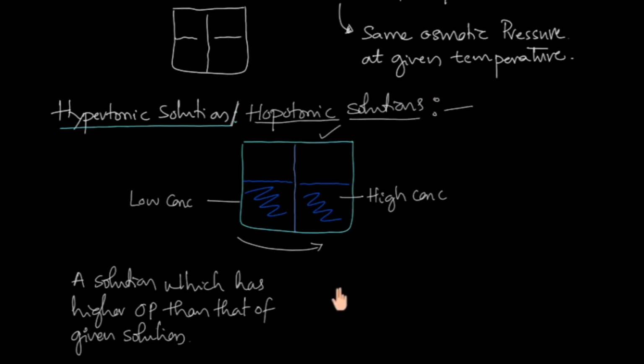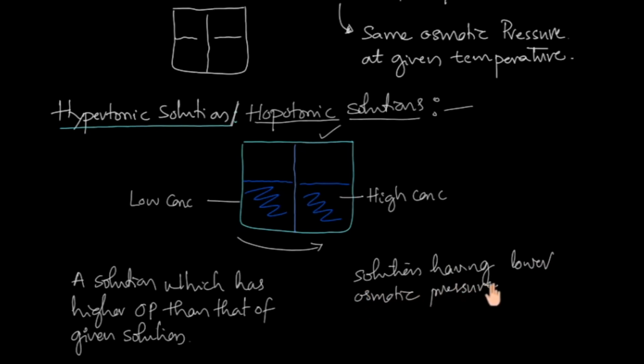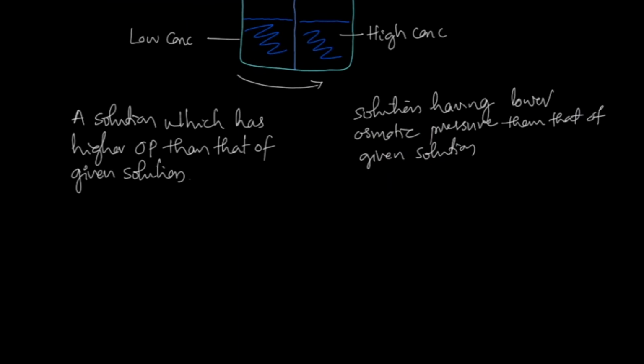So a hypotonic solution has lower osmotic pressure than that of the given solution, where you have to apply a very small amount of pressure to stop the flow of solvent molecules from low concentration to high concentration.